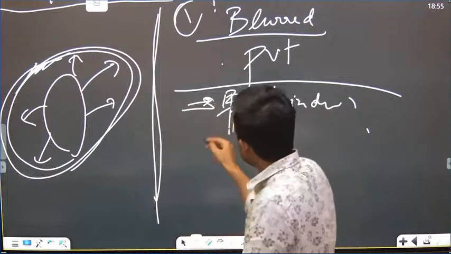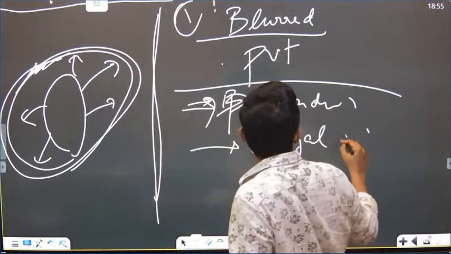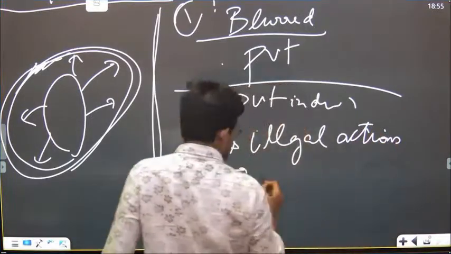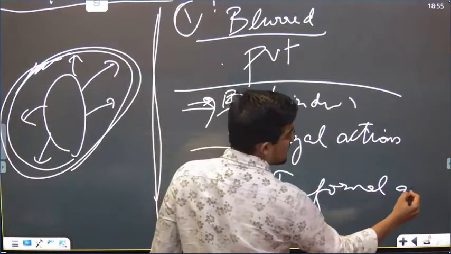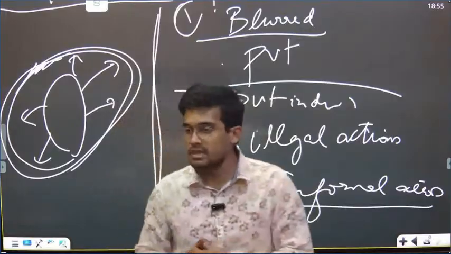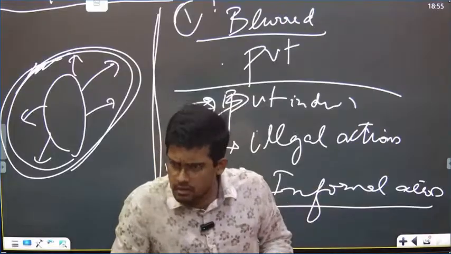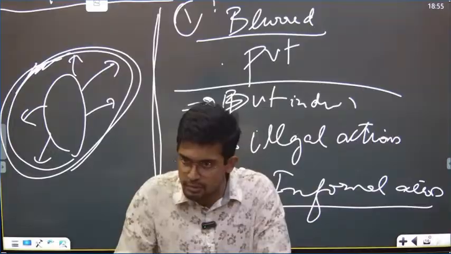Private industry, we don't study. Certain illegal actions, we don't study. Informal actions, we don't study. If people are doing something informally, with no formal mandate of the government, we don't study that. So there are certain boundaries in public administration.